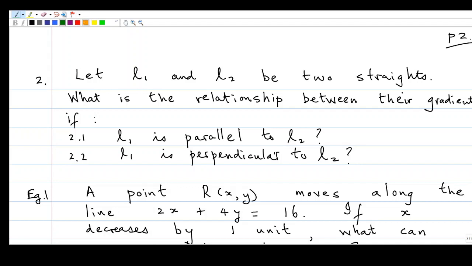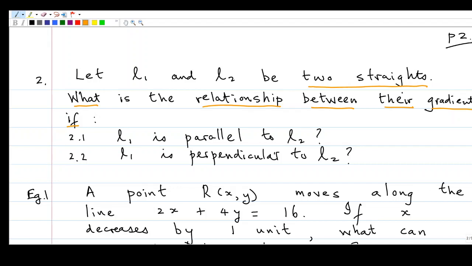So let L sub 1 and L sub 2 be two straight lines, and we want to know what is the relationship between their gradients if you're looking at the conditions 2.1 and 2.2.